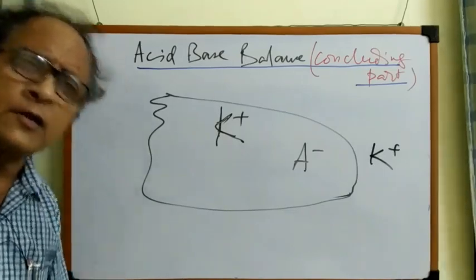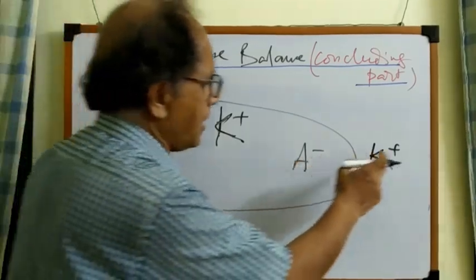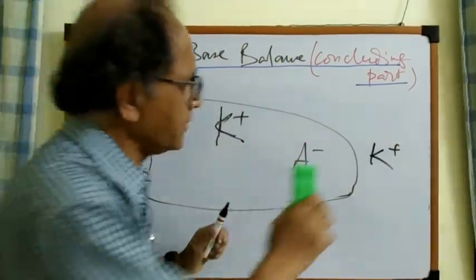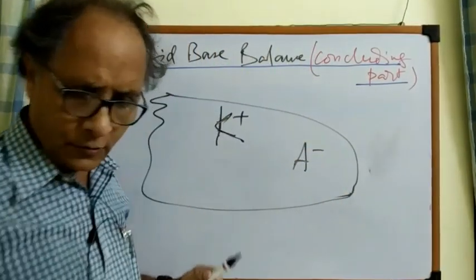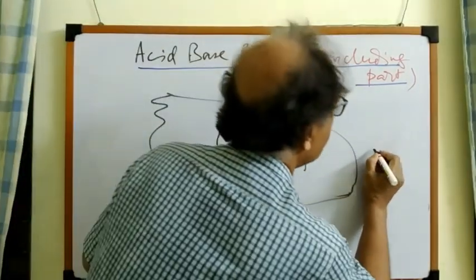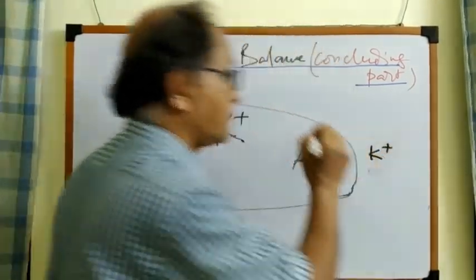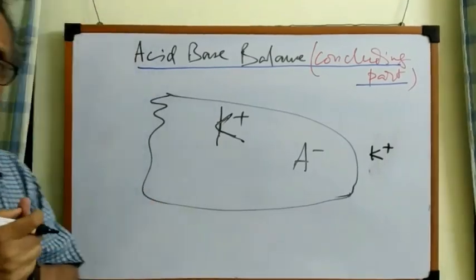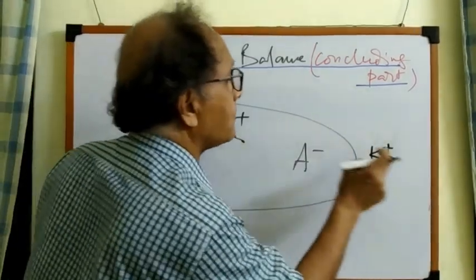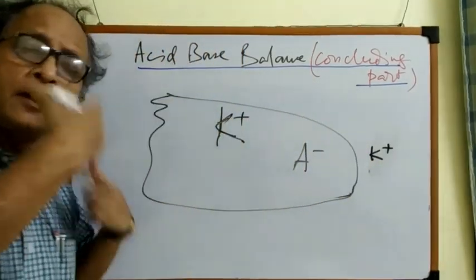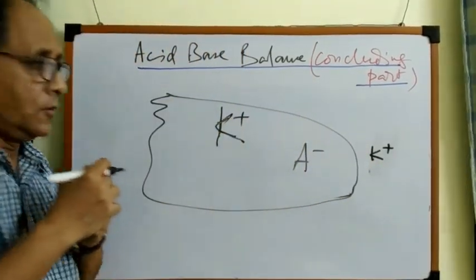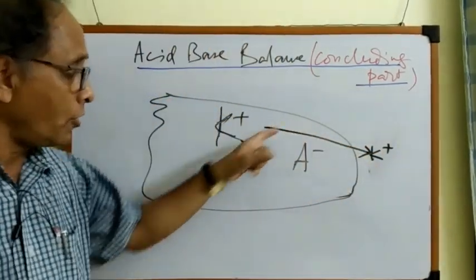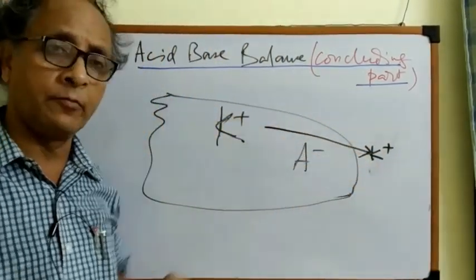Now for any reason whatsoever, if the extracellular fluid potassium concentration is reduced, what is known as hypokalemia, the potassium gradient will increase. So potassium will tend to move out of the cell, and we also know the cell membranes are highly permeable to potassium.